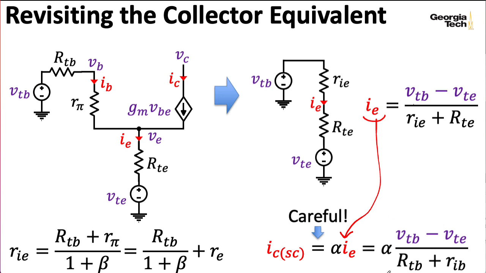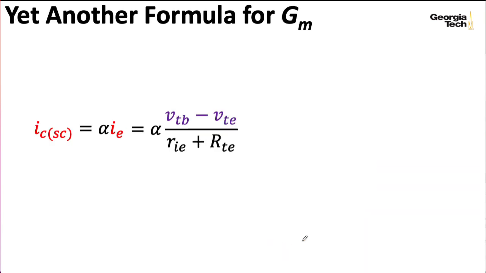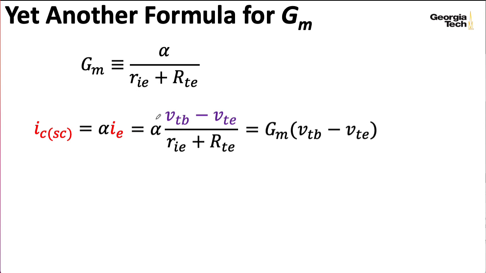So let me take this expression here and copy it onto the next slide. Let me define a capital GM. So I can then write our short circuit current as GM times this difference between the Thevenin equivalent voltages looking out of the base and the emitter. And this should now look very familiar.